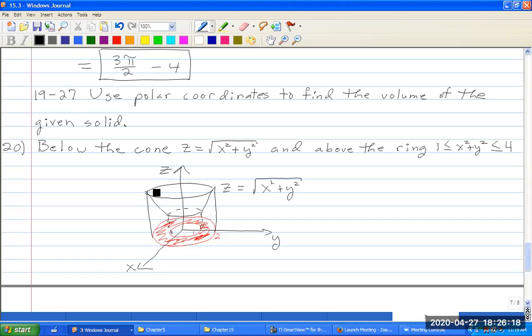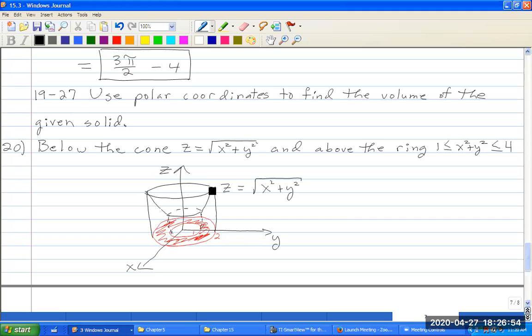Okay, so I have this cone here above this region here, this little annulus, this ring, and the radius of this goes between 1 and 2, since x squared plus y squared is r squared. It's going to be sort of a cup with a hole in it, but it's a conic sort of part.